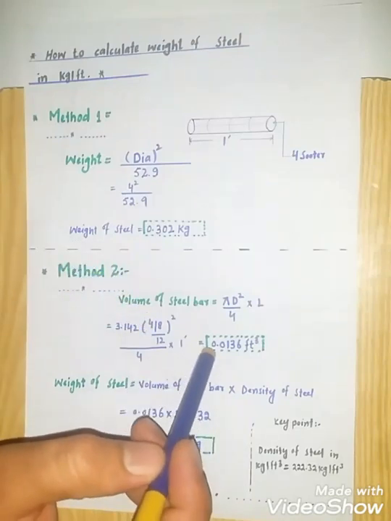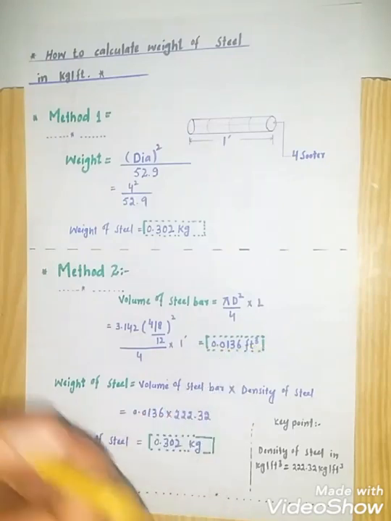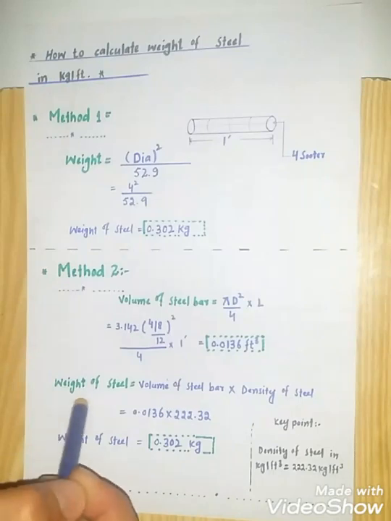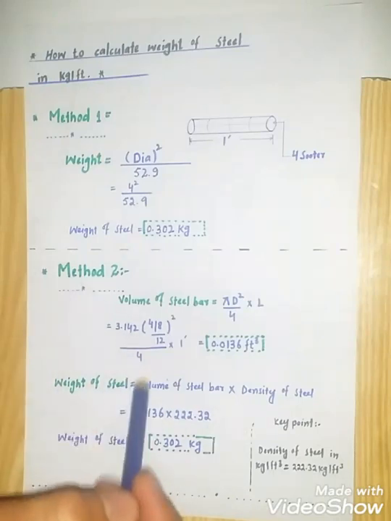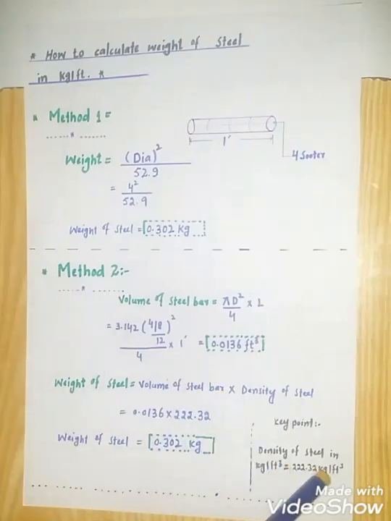The volume of steel bar is equal to 0.0136 cubic feet. Now find the weight of steel bar, which is equal to volume of steel bar multiplied by density of steel. The density of steel is equal to 222.32 kg per cubic foot.